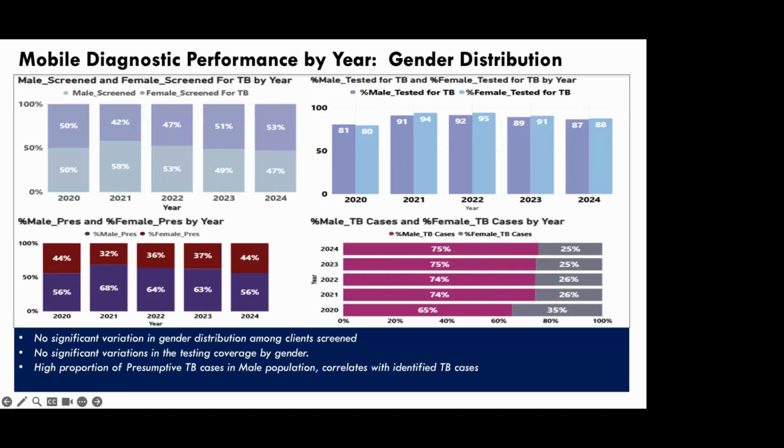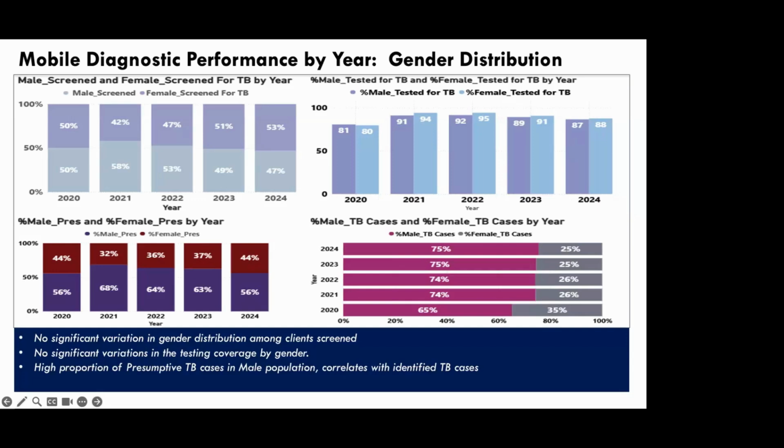And so one of the things about this program, unlike the routine program that finds a lot more women engaged with the routine program than males, this one, the split is closer to 50-50. And unlike the routine program that sees a two-thirds split, so two-thirds of those we treat are male, whilst one-third of those that we examine are male. So clearly the problem is in males. In this one, it's even more extreme.